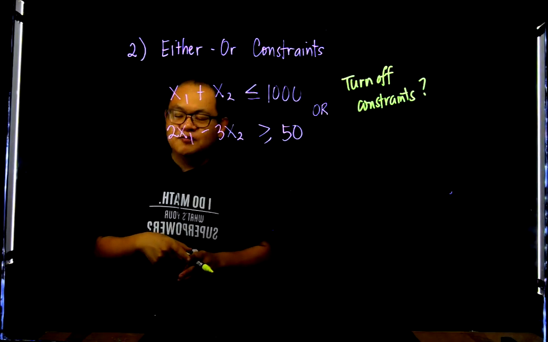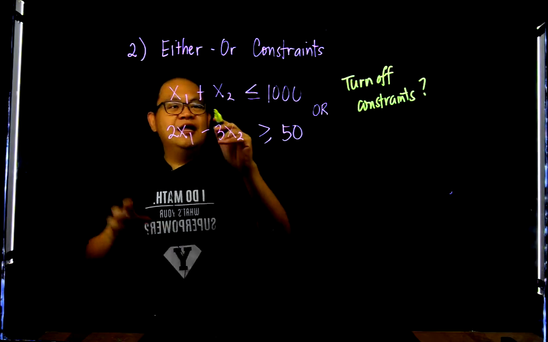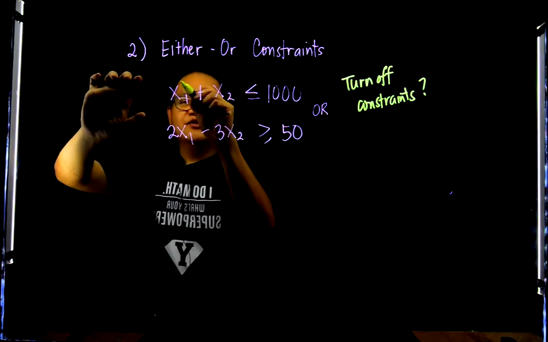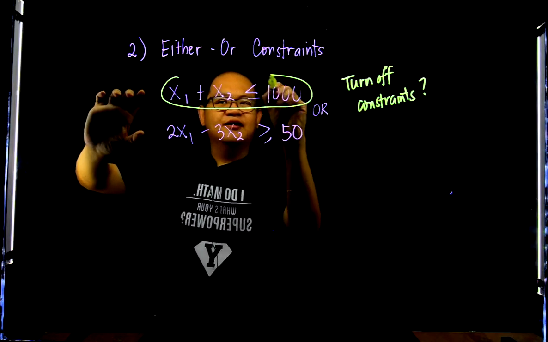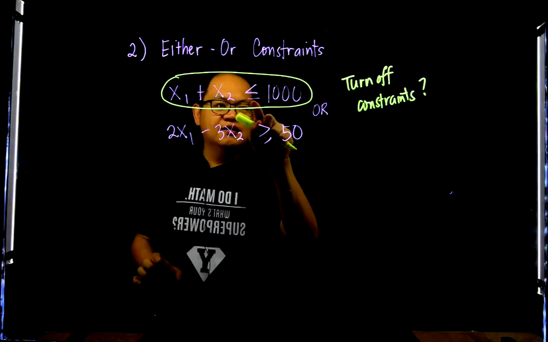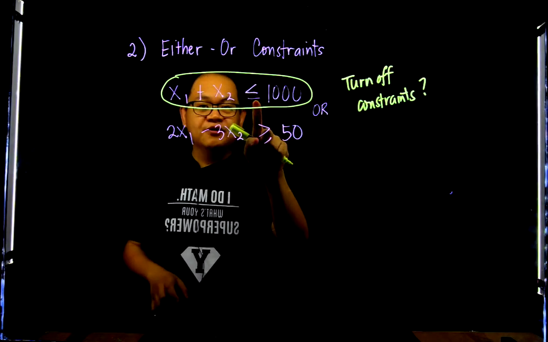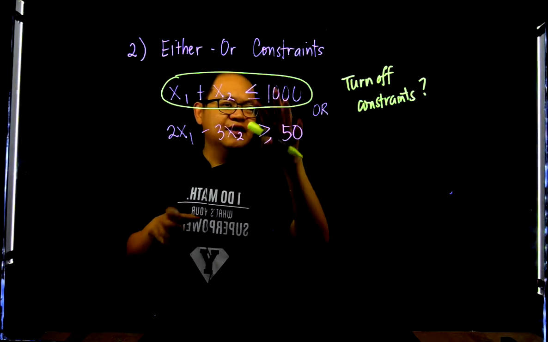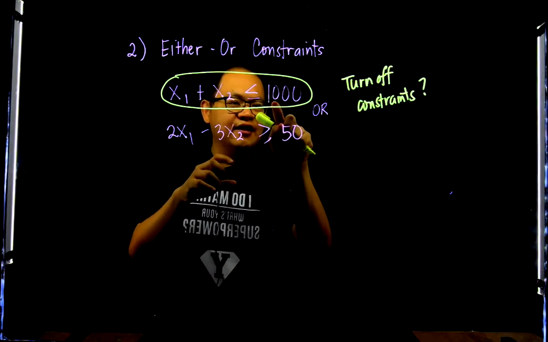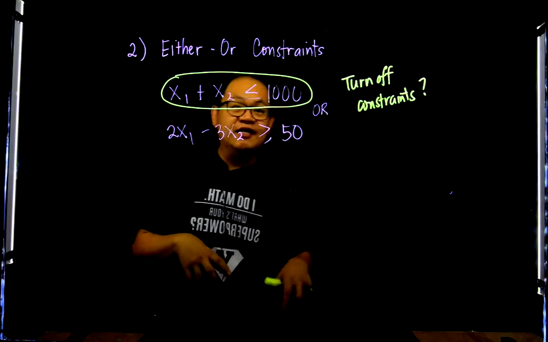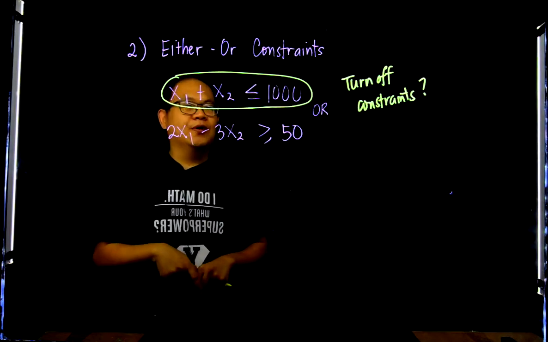And let me explain that in this manner. Let's say this first constraint, it being a less than or equal to constraint, let's try to understand this right-hand side, this 1000, to be your daily allowance in school. Okay?